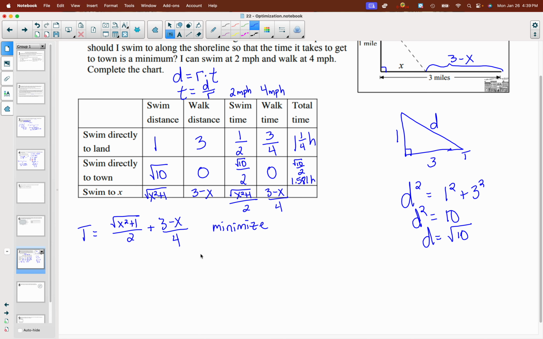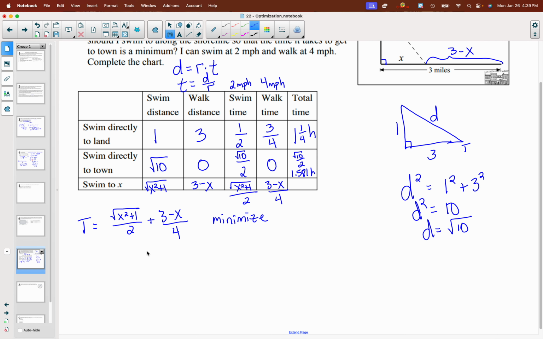So I'm going to rewrite this as 1/2 times (x squared plus 1) to the 1/2 plus 1/4 times (3 minus x).